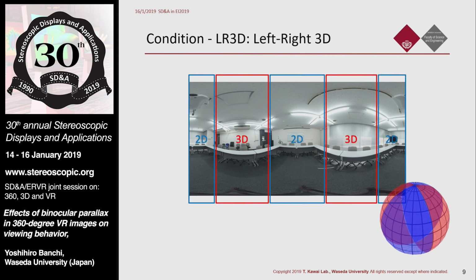On the other hand, under the left-right 3D condition, here LR3D, the front and back 90 degrees were set to 2D, and the left and right 90 degrees were set to 3D.